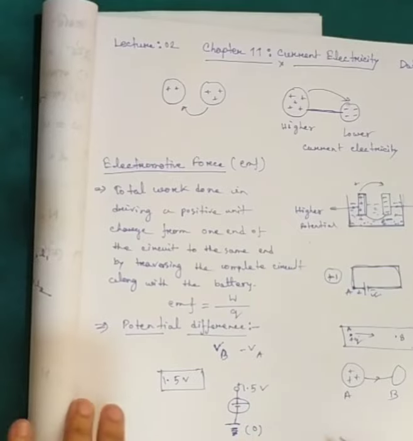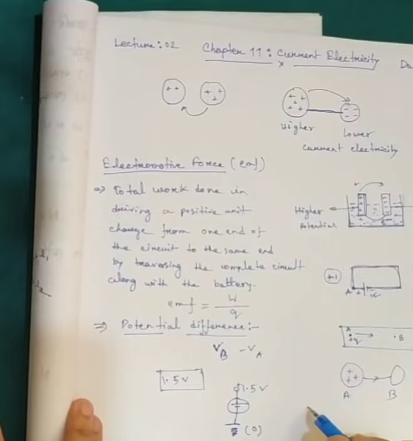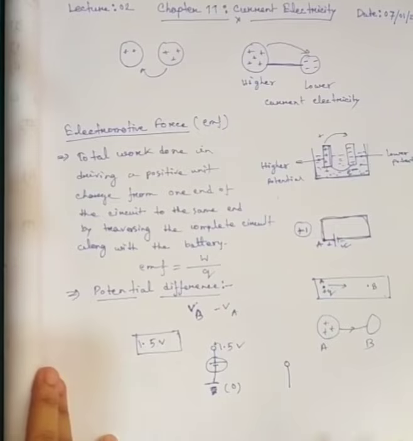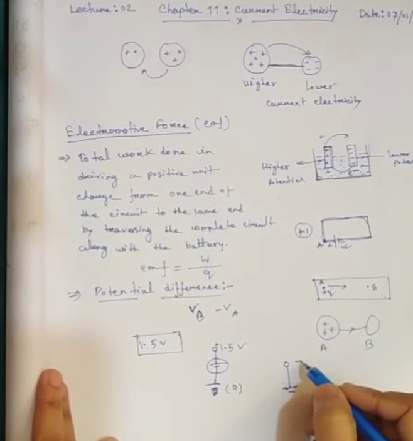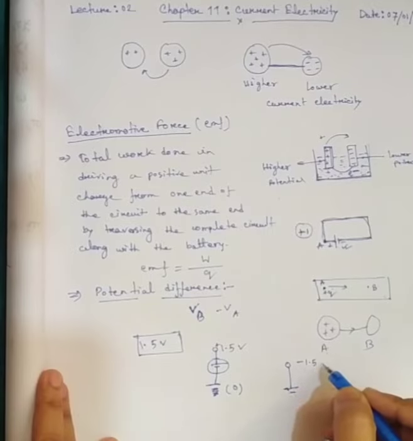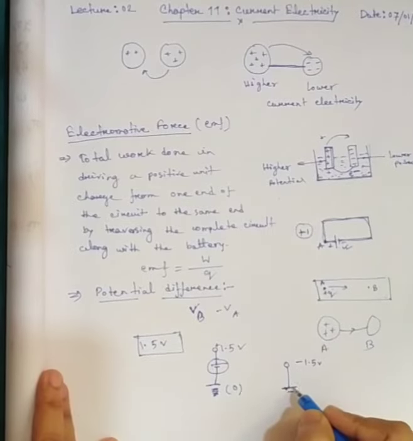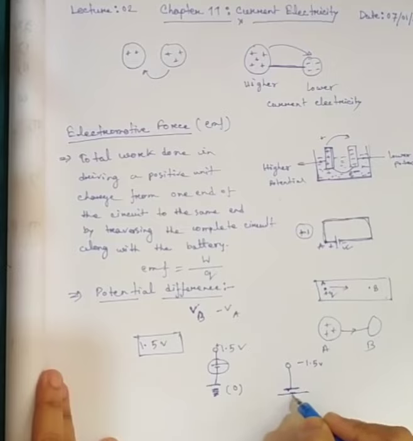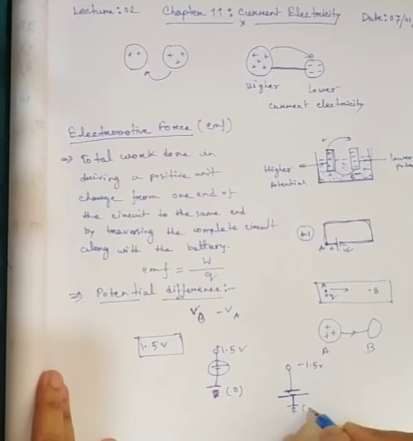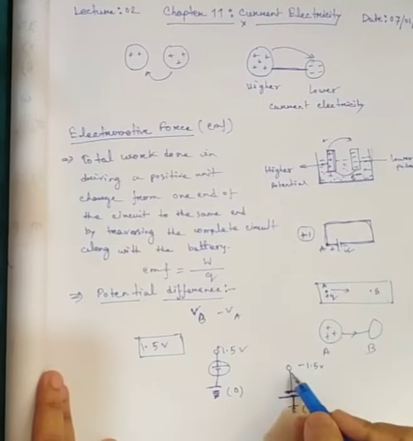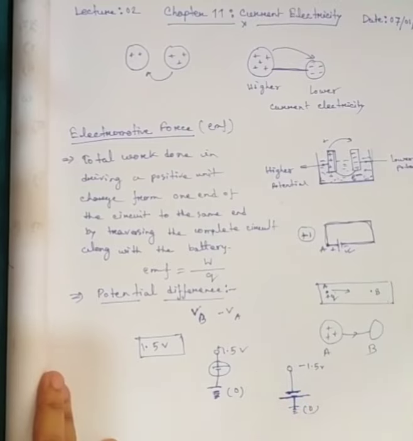If we want to design negative 1.5 volt, then what will be the design over here? This is a battery, and here if I want to connect negative 1.5 volt, then negative end will be connected here and positive end will be connected with the ground end. That means positive end is having potential 0, but negative end, this is having potential minus 1.5 volt.